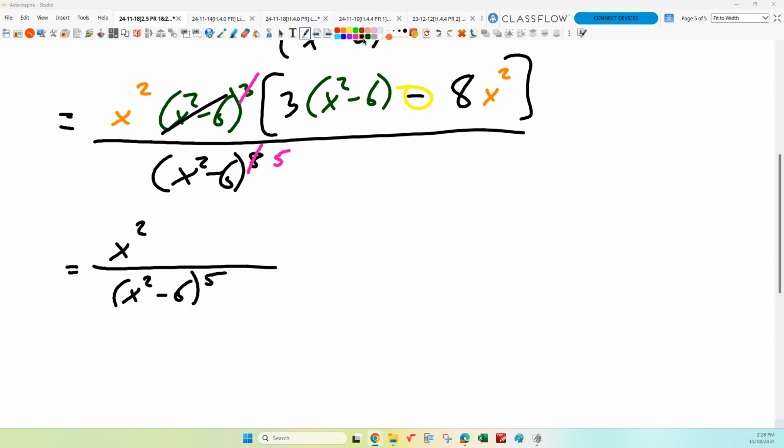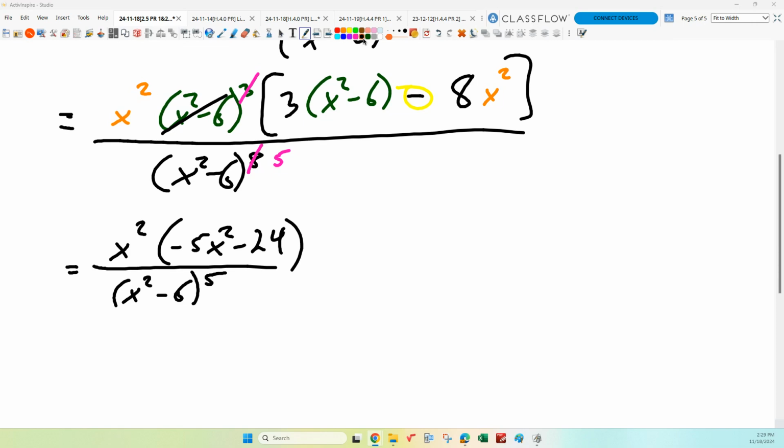Okay, what's left from in here if I distribute the 3 and collect like terms? There you go. And you could pull that 5 out, or the negative out front if you wanted to.